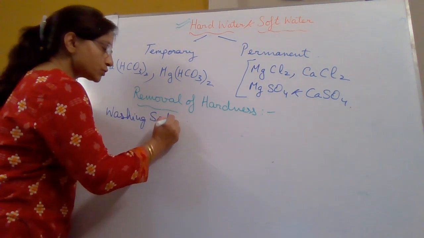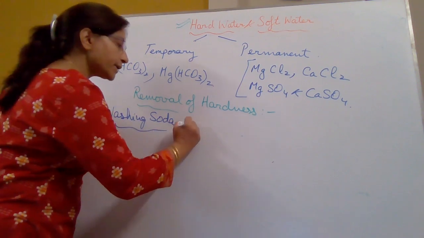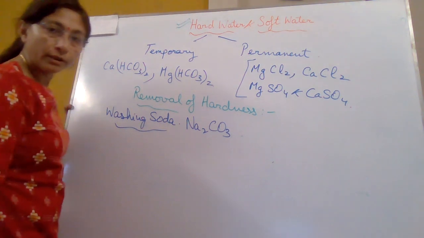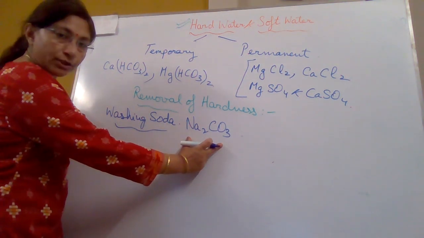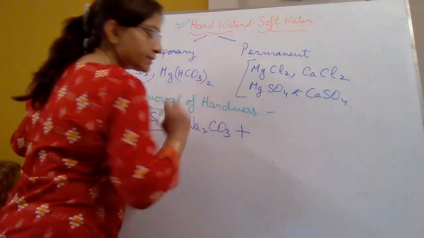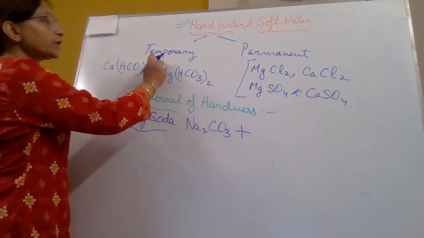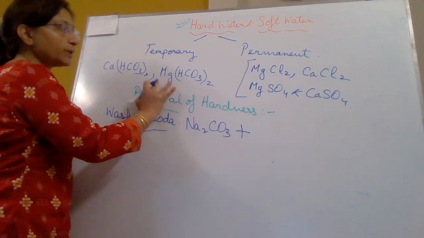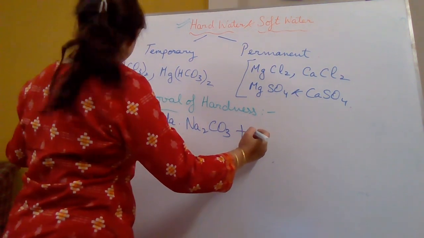Now what is washing soda? Washing soda is sodium carbonate. So when Na2CO3, the washing soda, is added to the temporary hard water, that is, the water sample containing the calcium and magnesium bicarbonate, then what will happen?